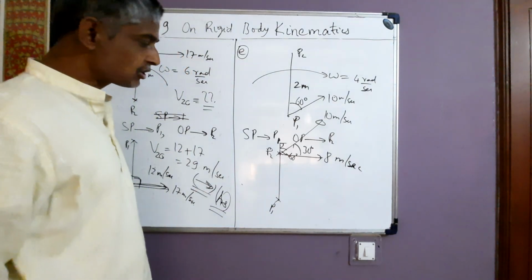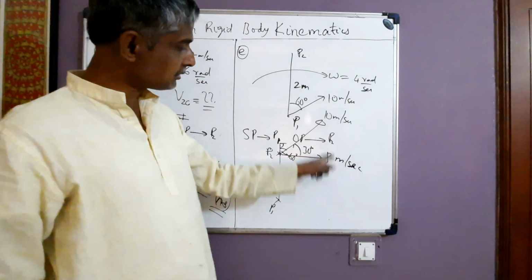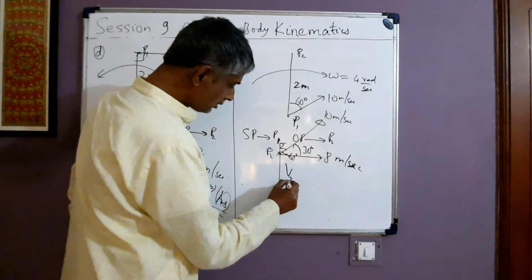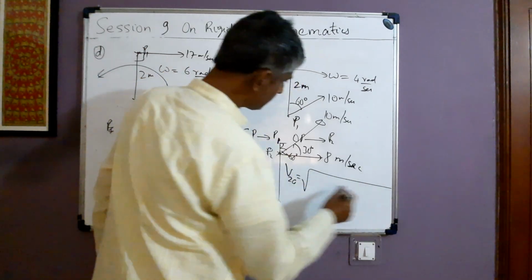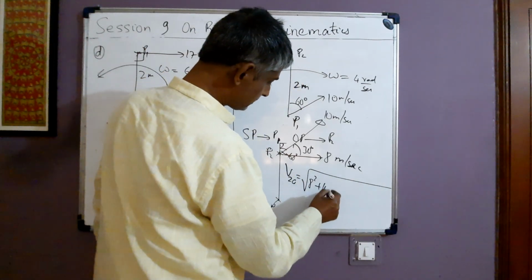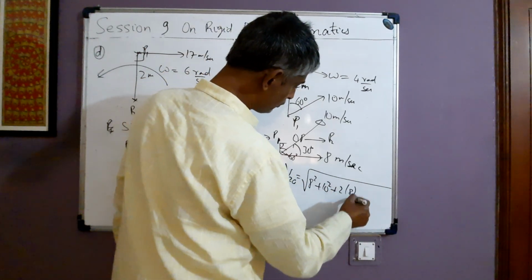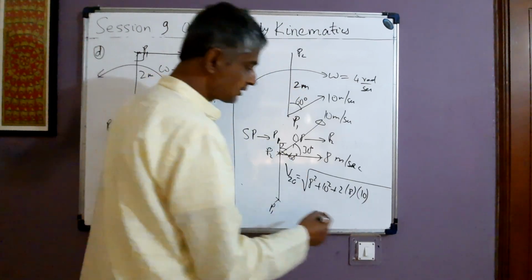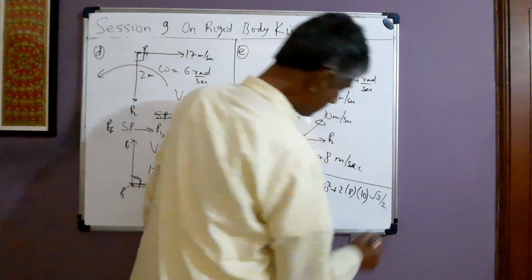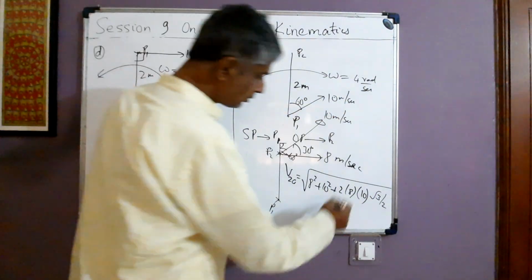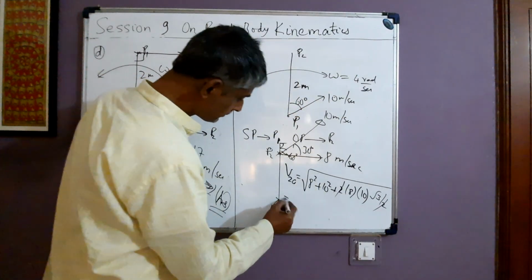Now the third step, combination. The velocity of P2 is the vector sum of these two. V2G becomes root under 8 square plus 10 square plus 2 into 8 into 10 into cos 30 degree. Cos 30 degree is root 3 by 2, so the 2 goes away.